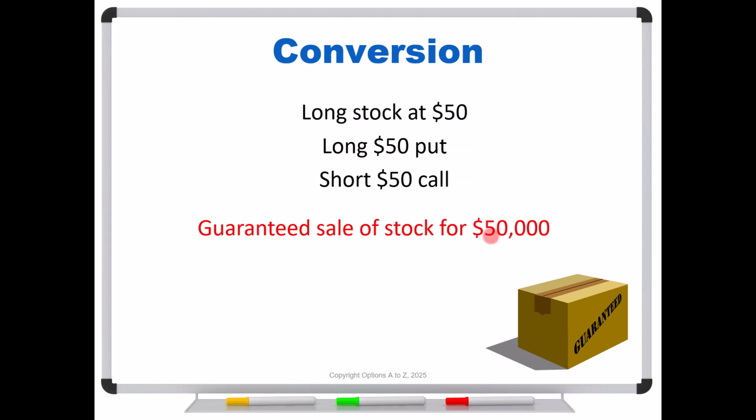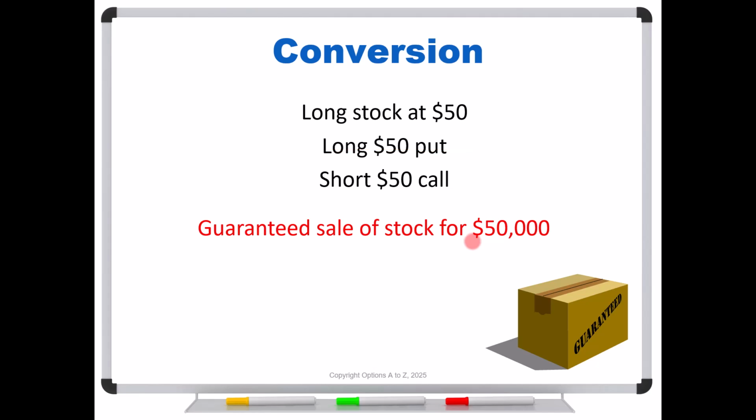What if the stock is above 50? Anywhere above 50, the $50 put expires worthless. The market maker is short this call. What happens? He gets assigned and loses the shares. He gets paid the strike. So again, he's going to collect $50,000 cash.